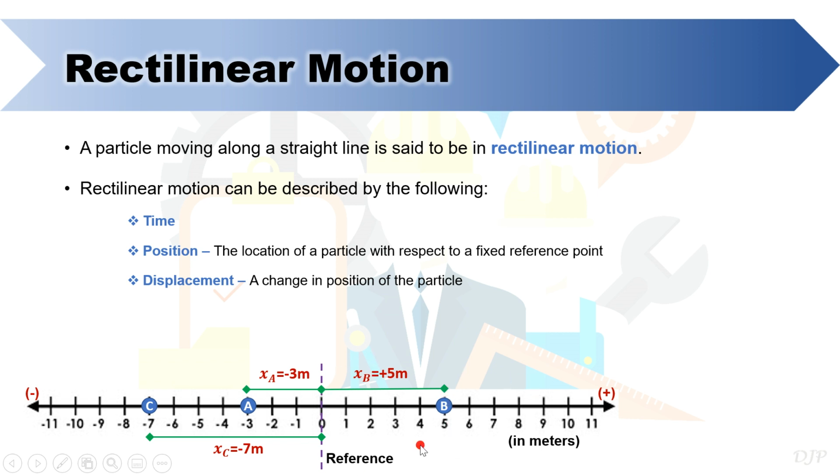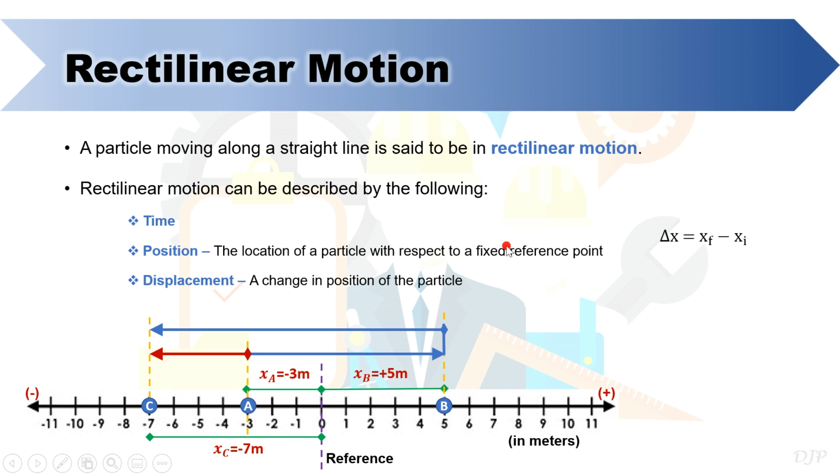Referring to the same figure, let's assume that a particle travels from point A, then to point B, and then to point C. To compute the displacement of the particle for the entire travel, as described by this dark red arrow, we should write delta x is equal to x sub f minus x sub i, where delta x means a change in position, or in other words, the displacement. x sub f is the final position of the particle, and x sub i is the initial position.